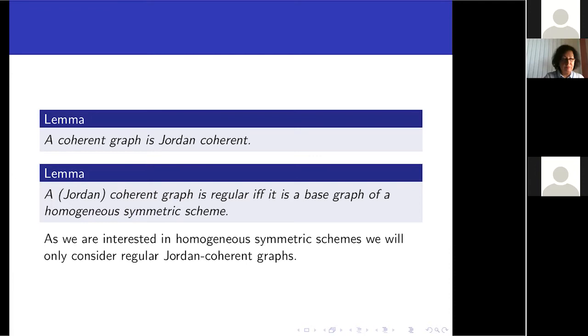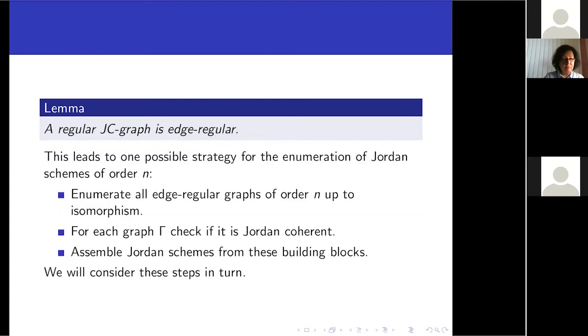And since we want to find homogeneous symmetric schemes, we will only consider such regular Jordan coherent graphs. We can say more about these graphs. They're not only regular, they're even edge regular, which is not hard to see.